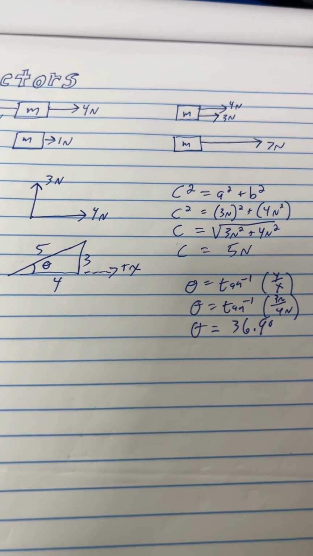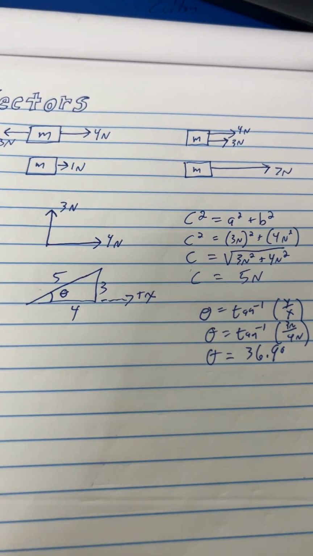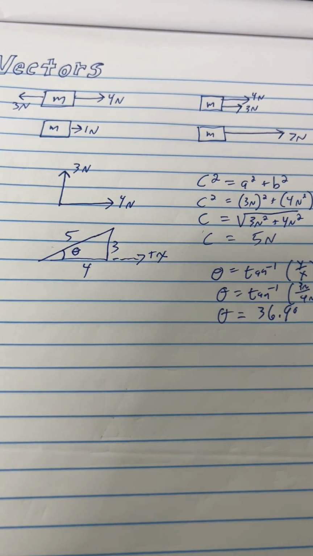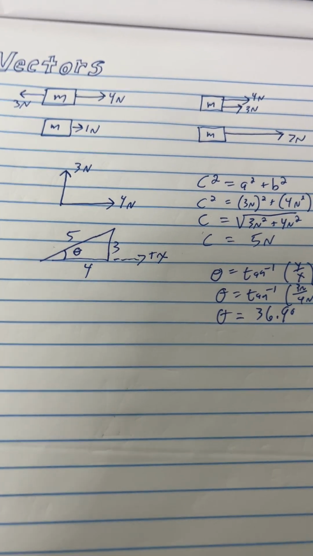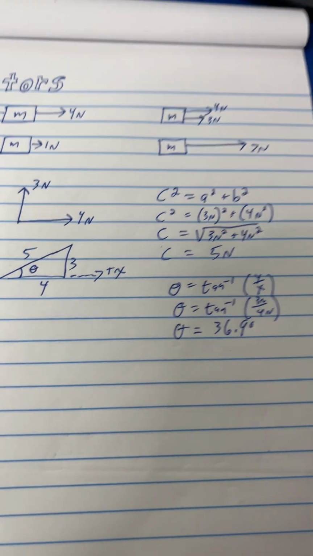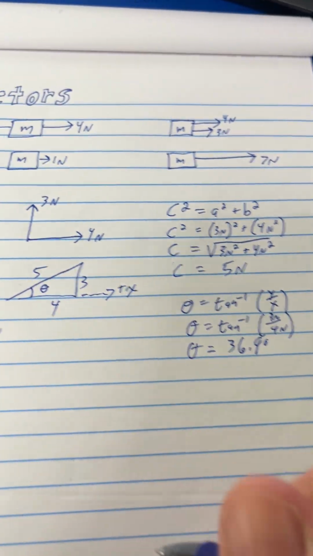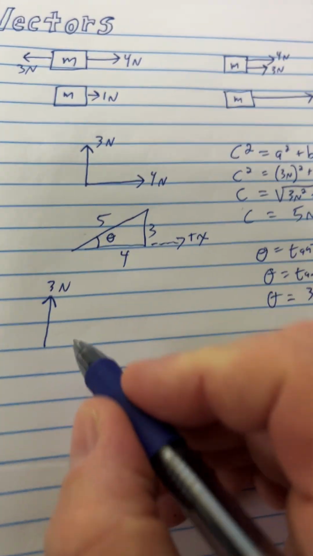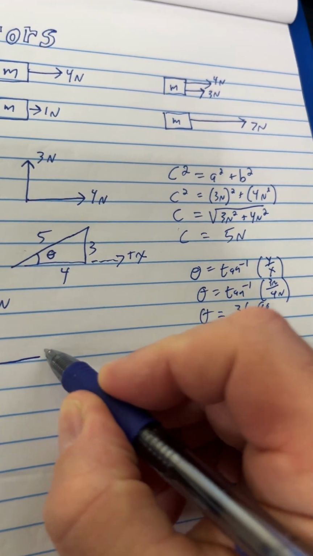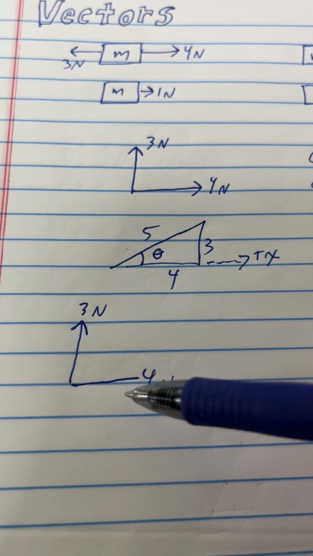And another way in which we can add vectors that are not parallel to each other is to add them graphically. And there's 2 methods, or really the method has 2 names, the parallelogram method or the tip-to-tail method. So if I take my same example, if I have 3 newtons, and then going to the right, I have 4 newtons, I want to move these vectors so they're tip-to-tail.